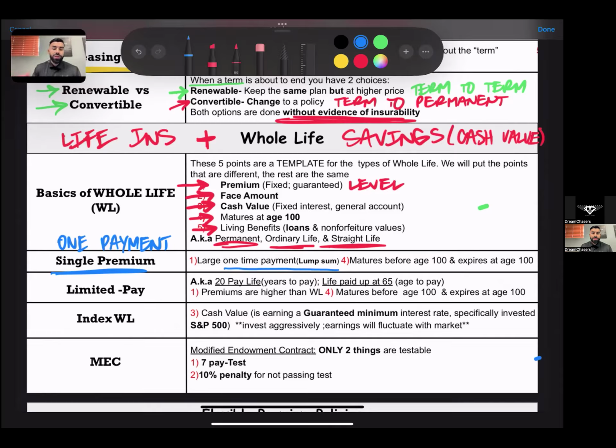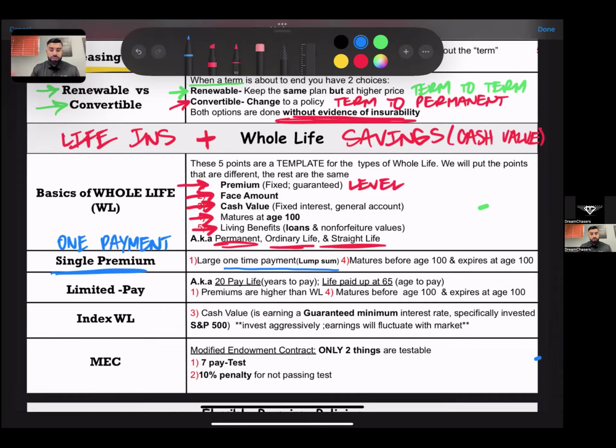For example, let's say a husband and wife have life insurance coverage, the husband passes away, and the wife receives $300,000 from his life insurance policy. She takes 50,000 of that and purchases a single premium whole life policy. That means she's buying it with a one-time lump sum payment of 50,000 and never making any other payment after that.